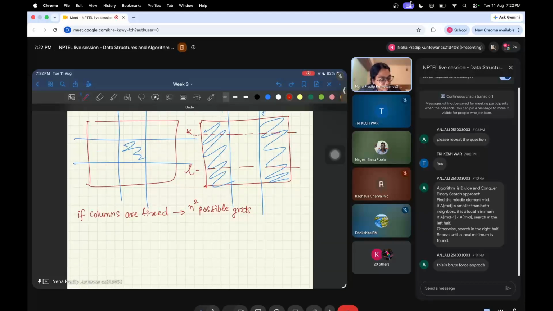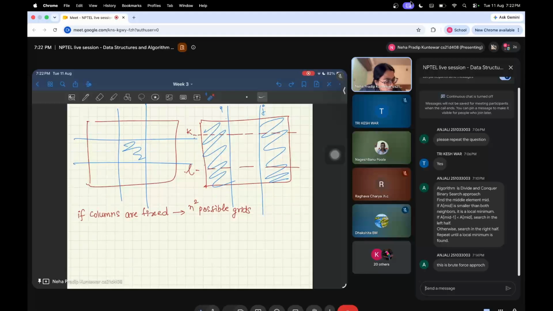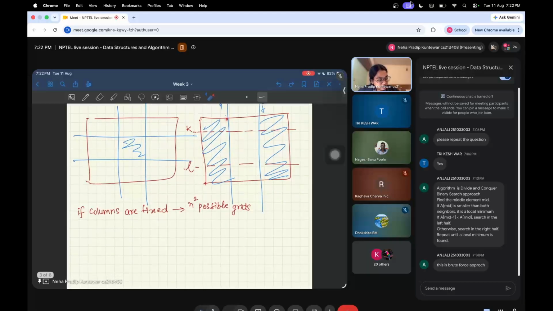That means you cannot do something like this. You cannot say that this is my subgrid. You cannot choose to not take the borders. You will have to take some subset of elements along these lines and some subset of elements along these lines. You cannot violate the border.